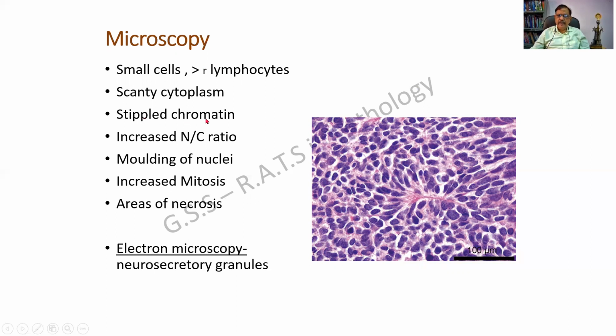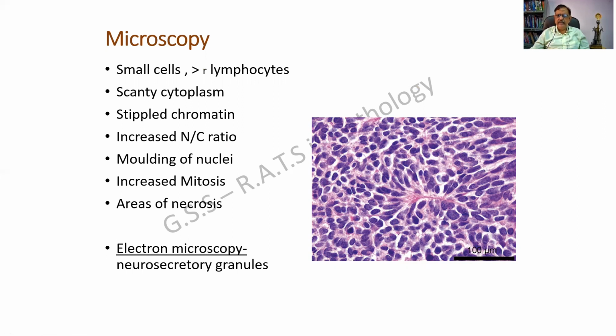There will be a spray of chromatin, which we call stippled chromatin. Look at each cell. I find only the nucleus, hardly any cytoplasm. Hence, the nuclear cytoplasmic ratio is increased.